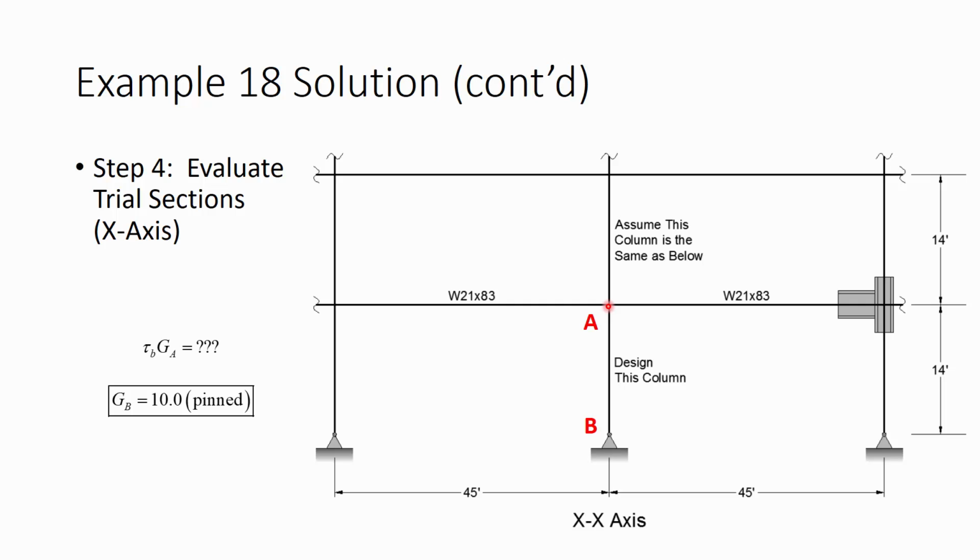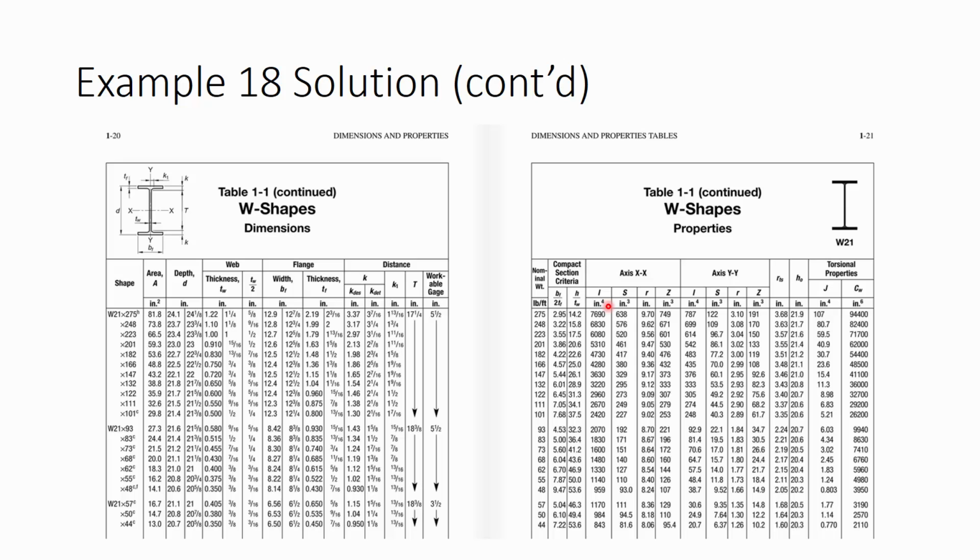You just leave it as 1 or 10. But for the top joint for this particular column, where there's a beam and column framing into it at that joint, you would need not only the G value but the inelastic stiffness reduction factor. One other point, you don't have to use tau in column design, but I'm going to show you later on why that is really recommended for not just columns in general, but for this particular example.